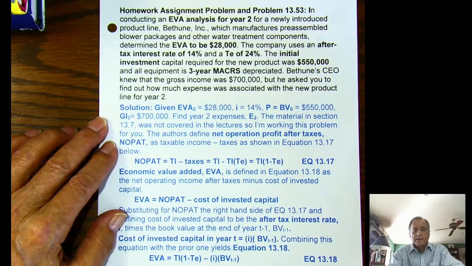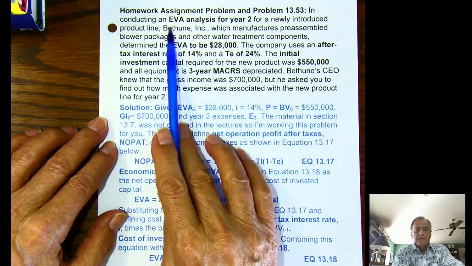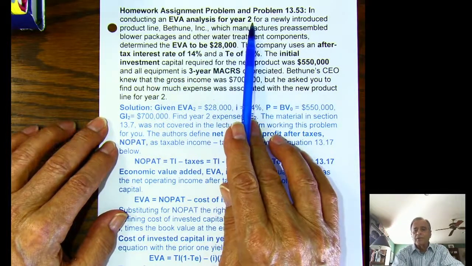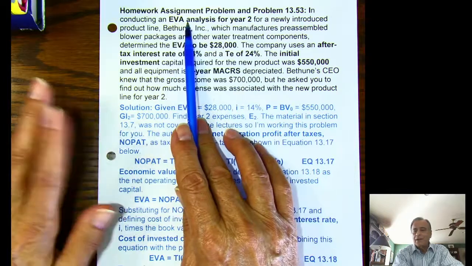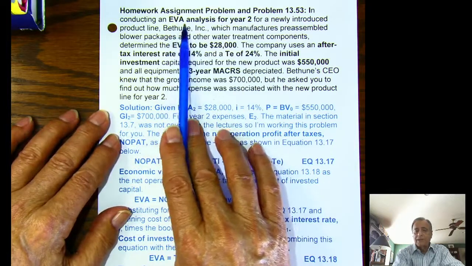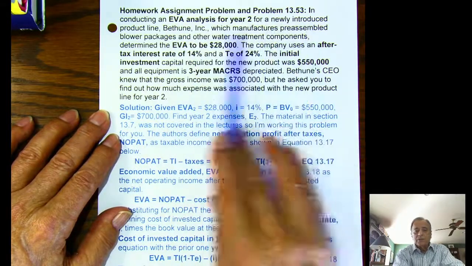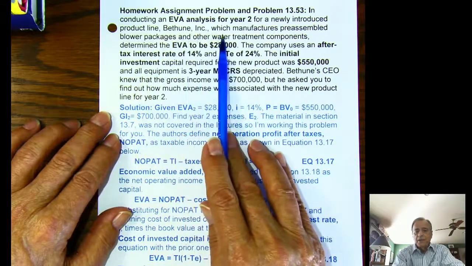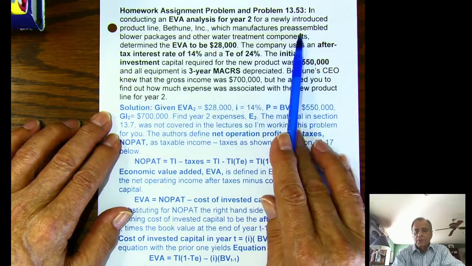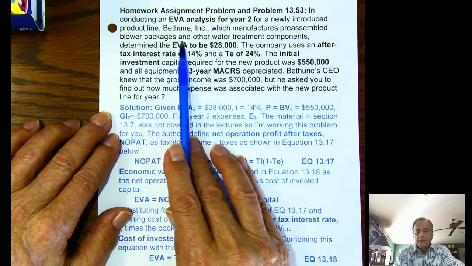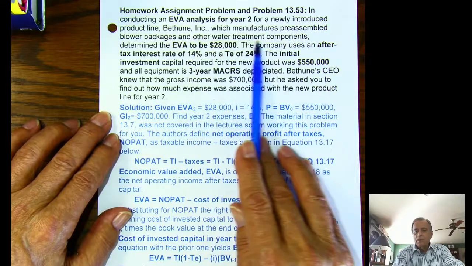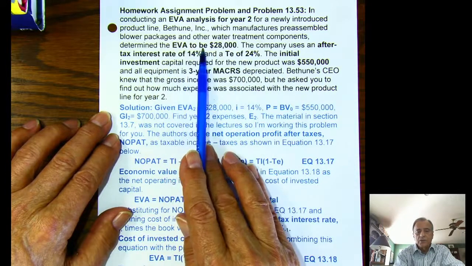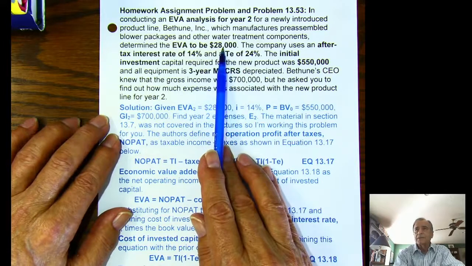The author says, in conducting an EVA analysis, economic value analysis, and we haven't covered that, but that's what it is, for a newly introduced product line, Bethune Inc., which manufactures pre-assembled blower packages and other water treatment components, determined the EVA to be $28,000.